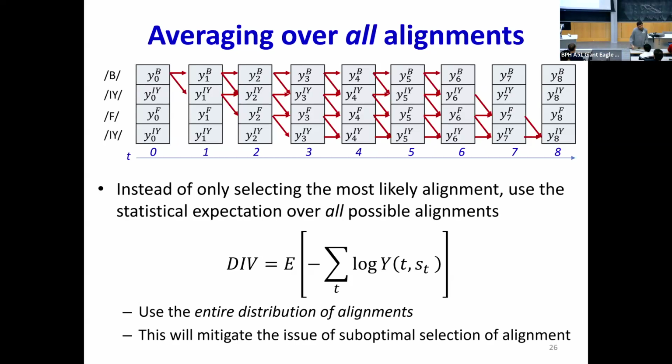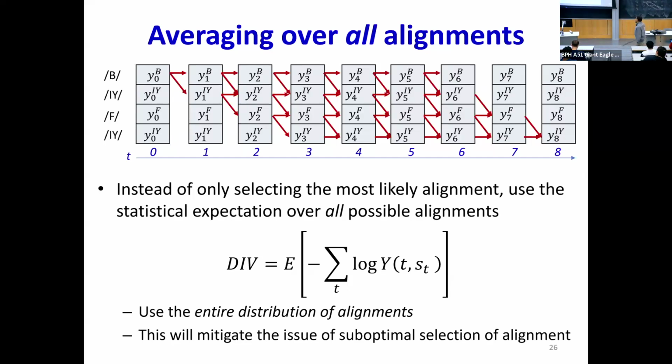More specifically, it's assigning greater importance to alignments which are more likely and less importance to alignments which are less likely. So this is a much more non-committal way of computing a loss that you can minimize, and it's less likely to run into local optima.